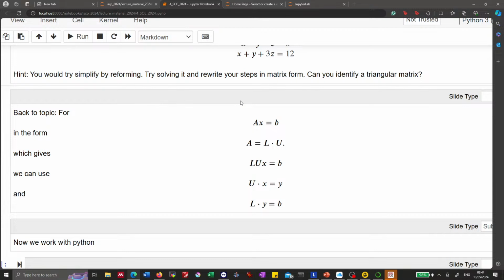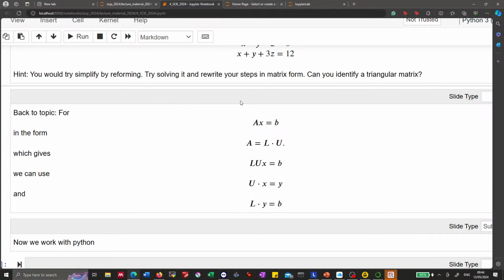The next trick we do is we look into one part of the equation and we say U times x equal y. So y is just another variable, it's not a function, just a variable, and we substitute y for U x.